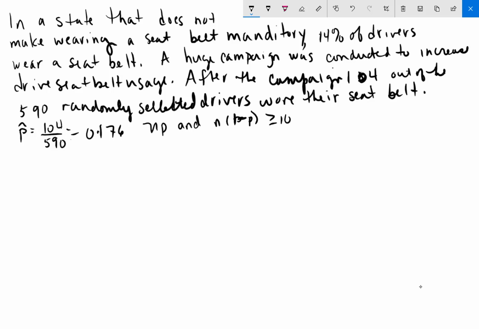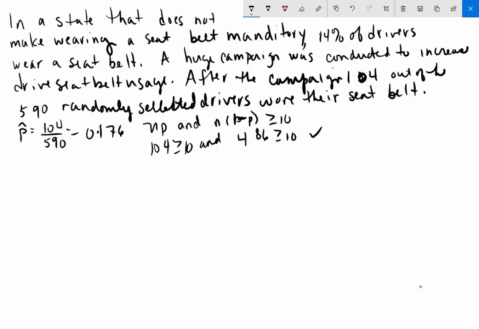Well, that would be 104, which is greater than or equal to 10, and 486, also greater than or equal to 10. So our condition that our proportion is approximately normally distributed is met, because we have a simple random sample, and n times p and n times 1 minus p are greater than or equal to 10. Our sample sizes are large enough.